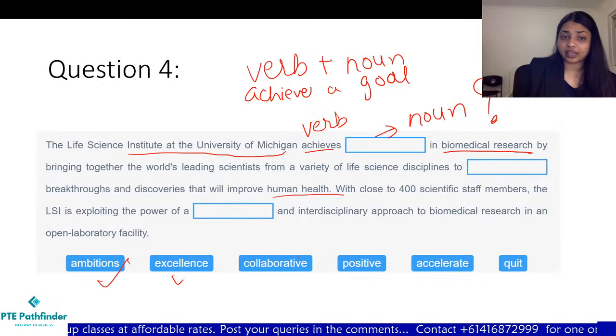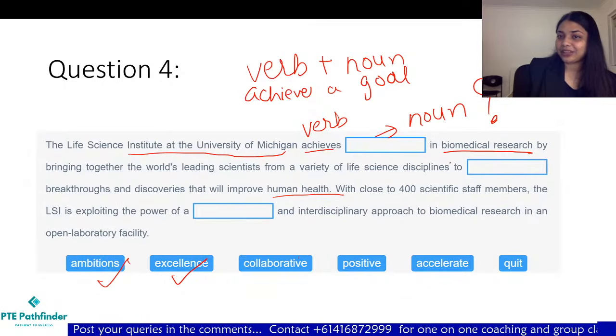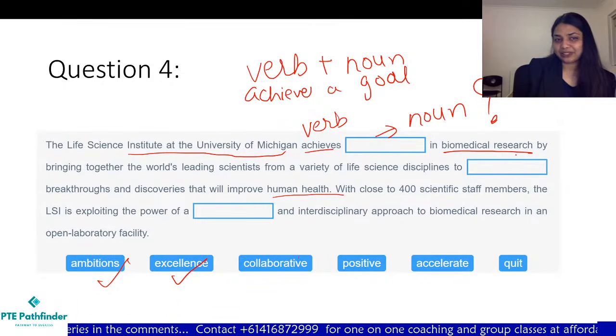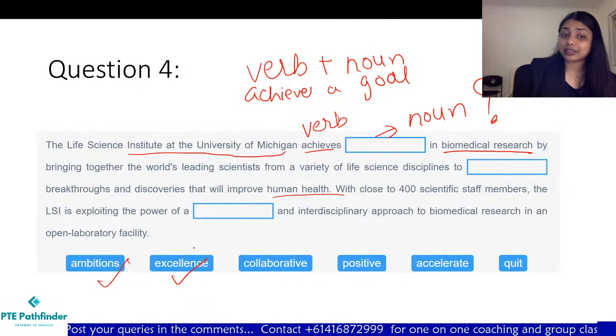You can achieve excellence as well. But if you look at the context here, it's talking about biomedical research, right? So we need a noun that is talking about that biomedical research. So we can have excellence in biomedical research.